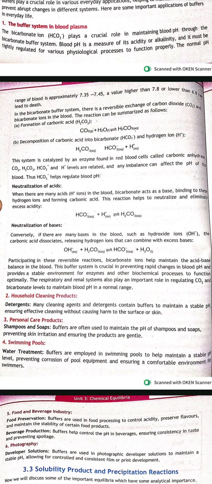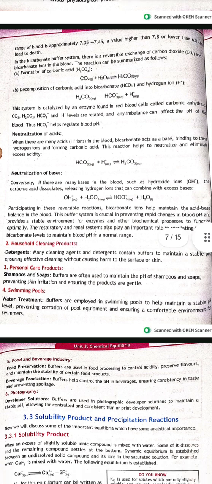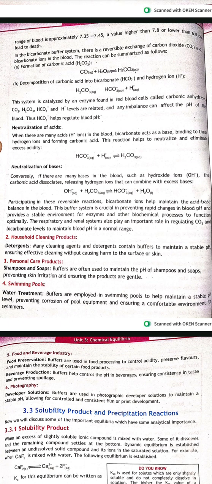CO2, H2CO3, HCO3 negative and H positive are related, and an imbalance can affect the pH of the blood. Thus, HCO3 negative helps regulate pH. Neutralization of acids: when there are many acids in the blood, bicarbonate acts as a base, binding to these hydrogen ions and forming carbonic acid. And when neutralization of a base is required, the hydroxyl will combine with the carbonic acid to give HCO3 negative plus water.